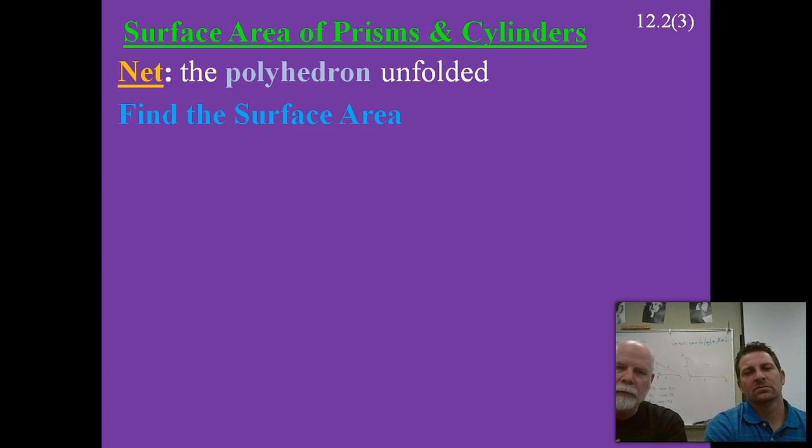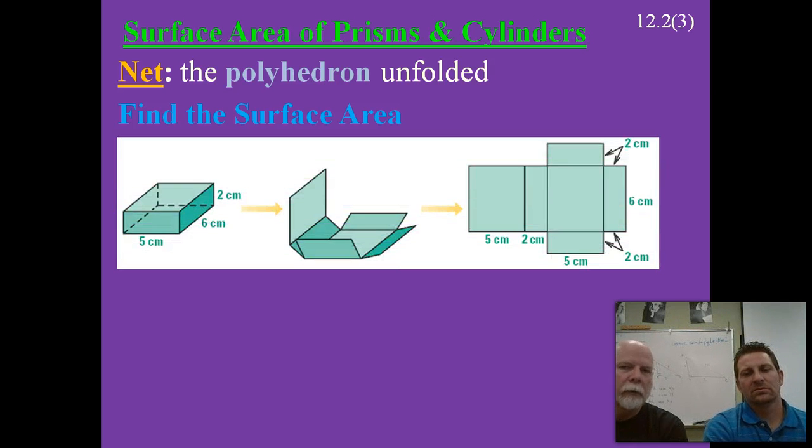That net is the unfolded box, a flat piece of cardboard that, once folded together, creates that box.